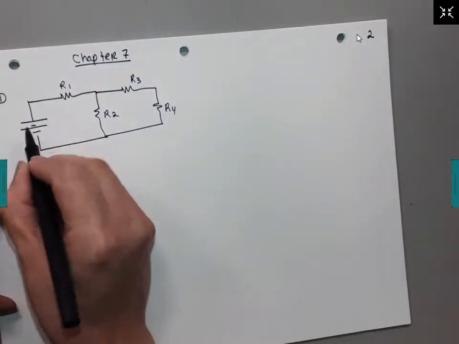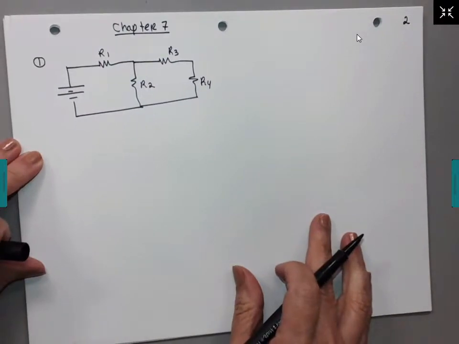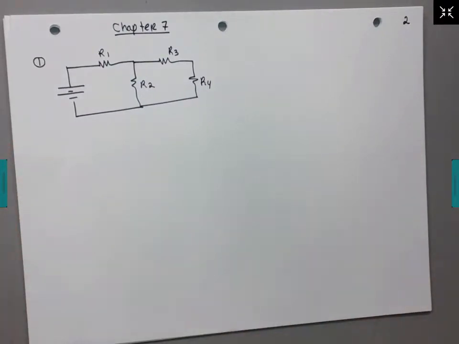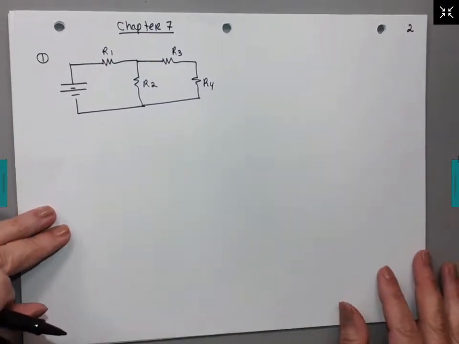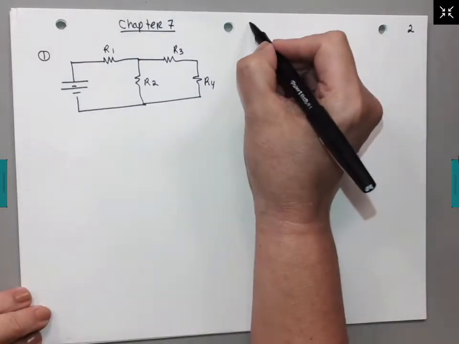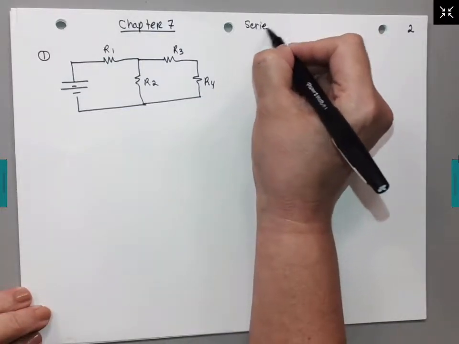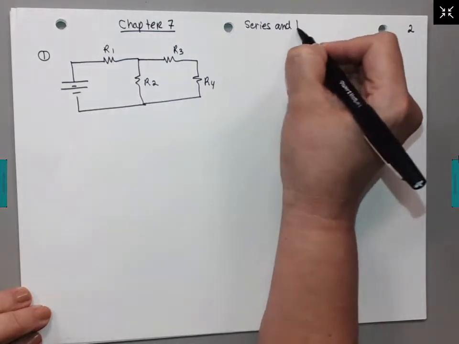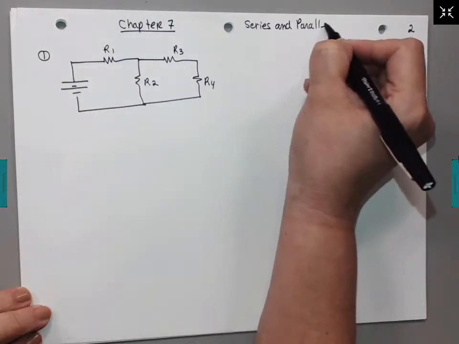As you notice, I'm not going to give you an E right now. We're just going to leave it there for you guys. So this guy is a series and parallel circuit. They have combined them together.